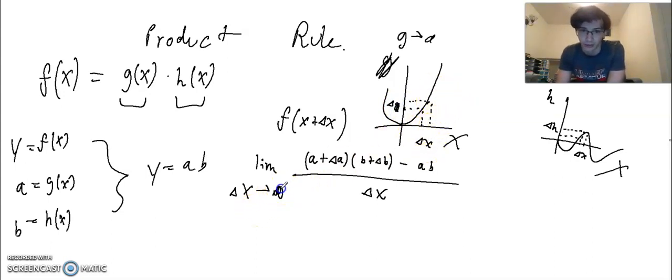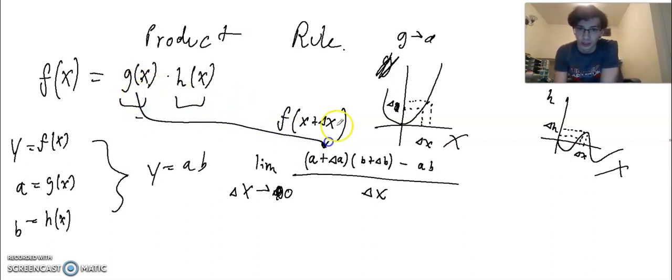Because we're evaluating this as delta x approaches 0, we know that when delta x approaches 0, so does delta g. So we can set them equal to each other. And because f of x is just two functions, this corresponds to this part, and that corresponds to that part. And we just multiply them together.